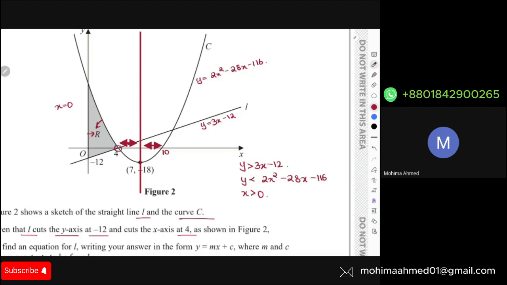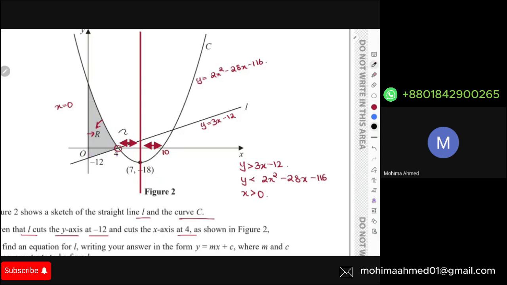So these are your values actually: y is greater than the line, y is less than the curve, and x is greater than 0. But the region is not under the entire part of the graph, right? It's only below the graph up to x equals 4.